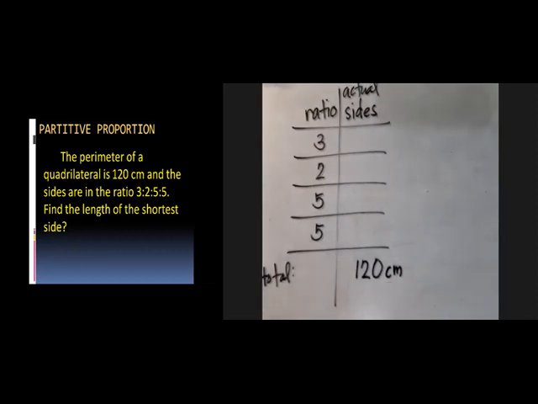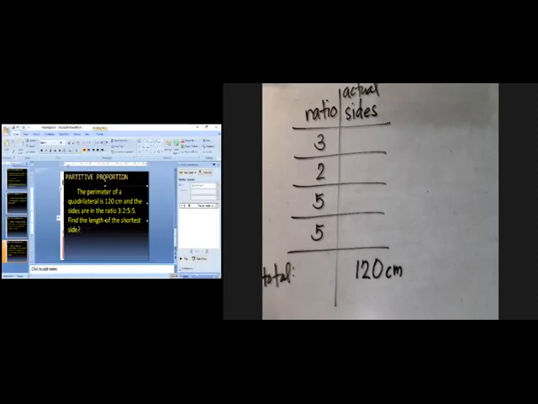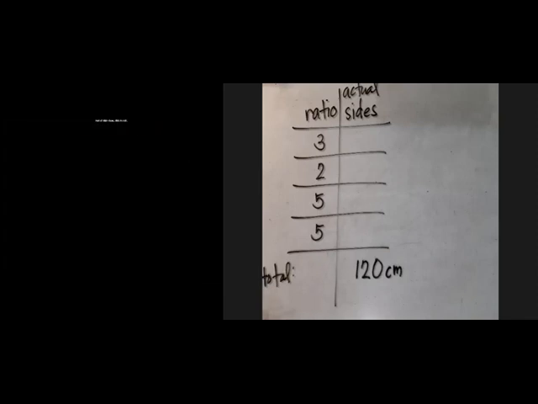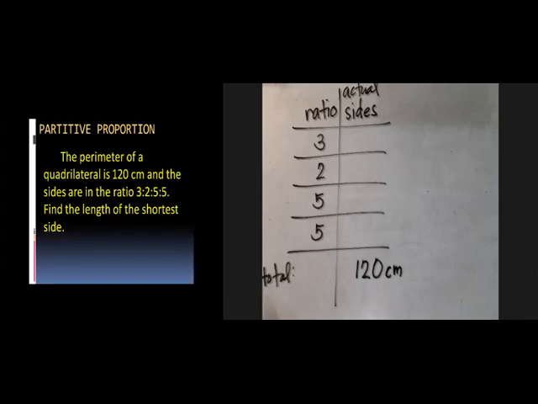Okay? Now, let's begin solving our problem, prioritizing what is asked. So, ang sabi dyan, bakit naka-question mark yan? Okay? Baguhin natin yan. Wait lang po. Okay. Find the length of the shortest side.